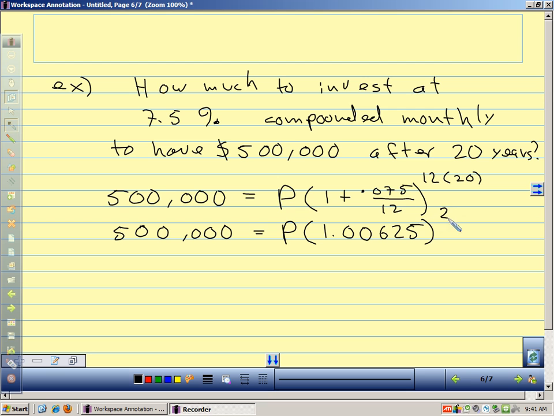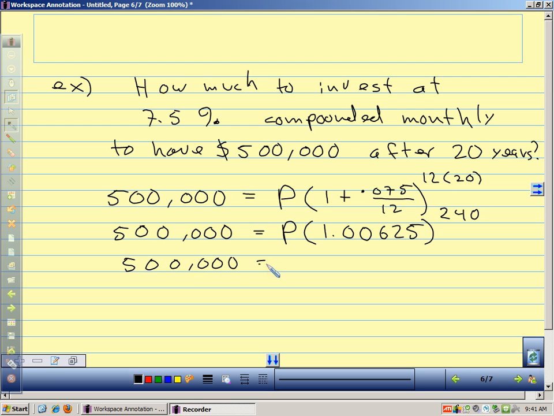I'm just going to write that as 240. So we need to keep these decimal points. If you round it off here, your answer could be off by several $1,000s. So you need to keep several decimal points to be accurate. And all I'm doing here is solving for P. So I can put this into my calculator, raise it to the 240th power, and divide both sides, and I get P by itself.